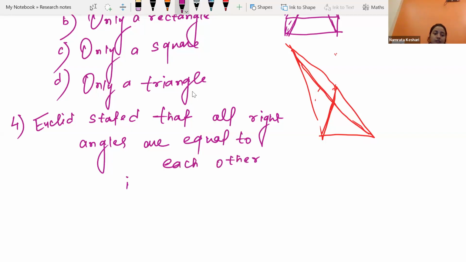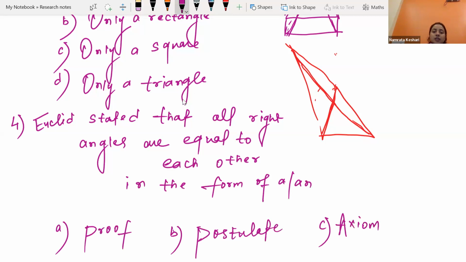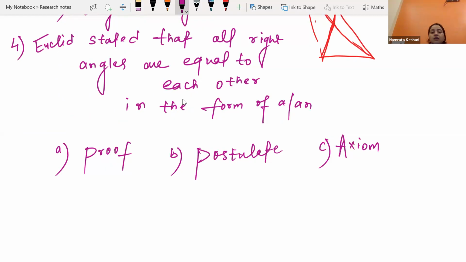Is it a proof, is it a postulate? Yes, ma'am. Postulate. Is it an axiom or definition? If you have revised the axioms, postulates and definitions, you must know that it is a postulate, right? Yes, ma'am.